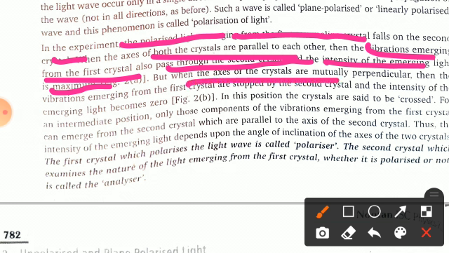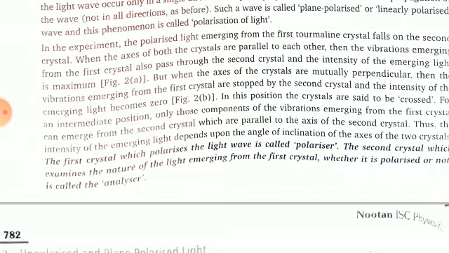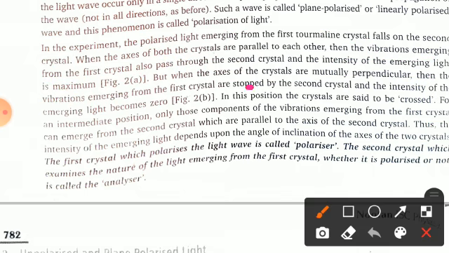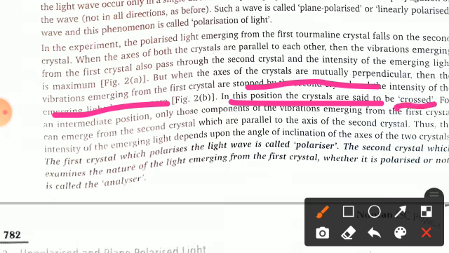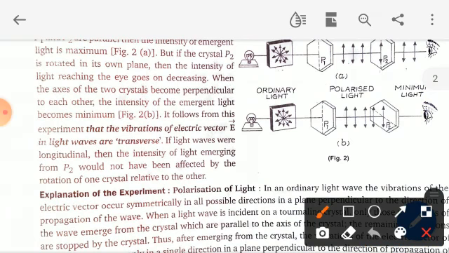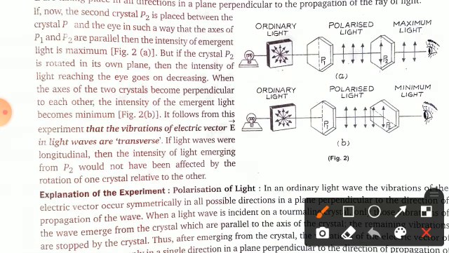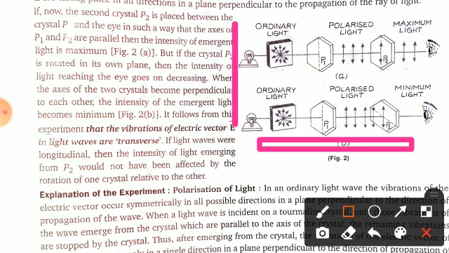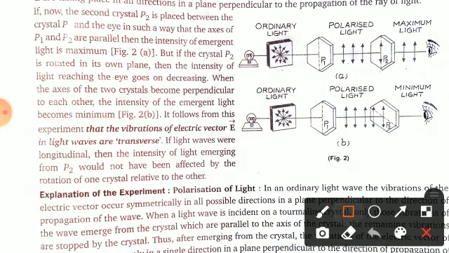But when the axes of the crystals are mutually perpendicular, the vibrations emerging from the first crystal are stopped by the second crystal, and the intensity of the emerging light becomes zero. In this position, the crystals are said to be crossed. Clear? You can see this situation from figures 2a and b. These figures easily show what is going on, or what we are talking about.